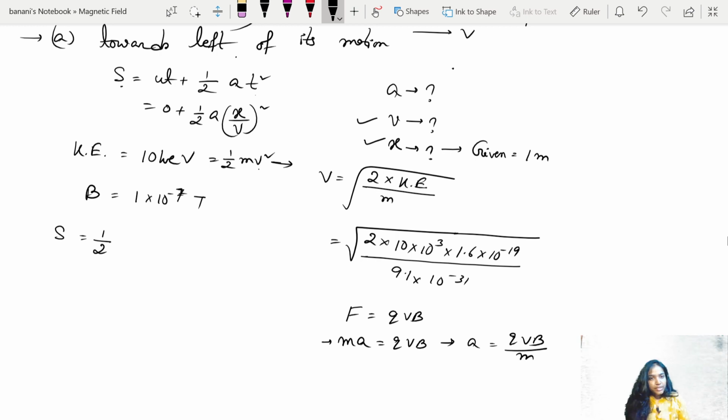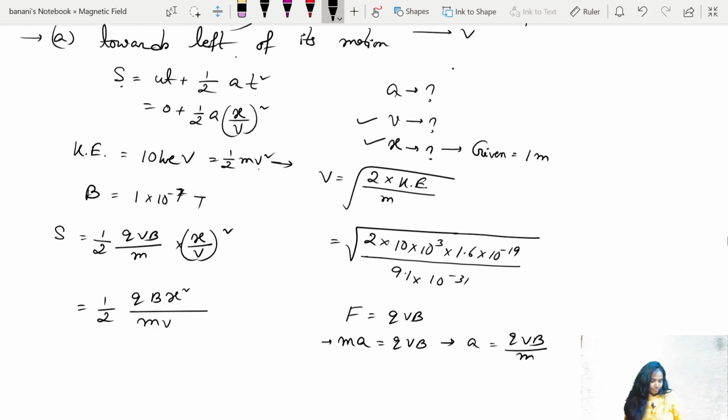From here we can get the value of the acceleration, that is QvB by m. So we can put the value of the acceleration, QvB by m, into x by v whole square. That means S equals half QB x square by m into v.